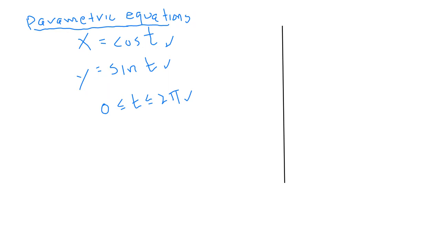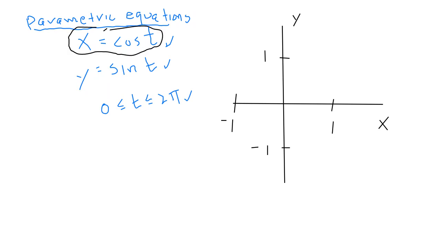So in this case, what would these two parametric equations, x equals cosine of t and y equals sine of t, trace out in the xy plane?